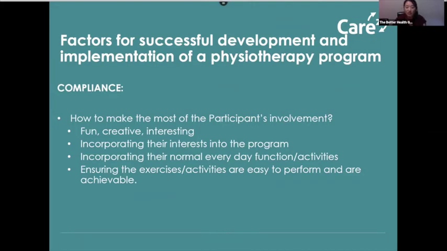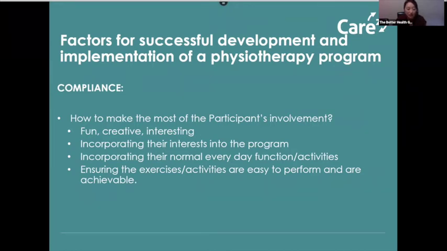Like my 7-year-old participant, she loves balloons and she loves bubbles. So we've been able to utilize that to help improve her hand-eye coordination, her jumping, her lower limb strength and her balance as well.